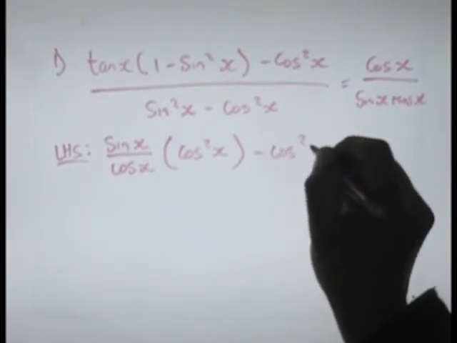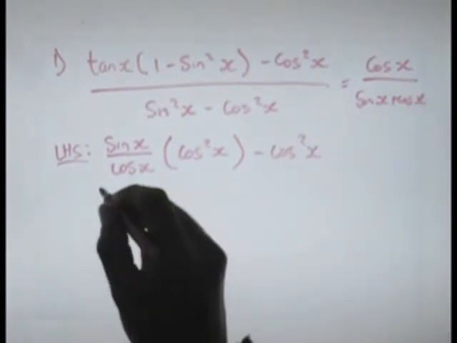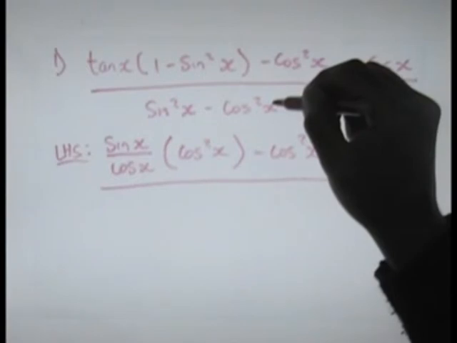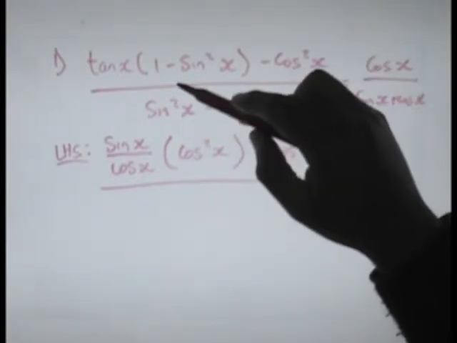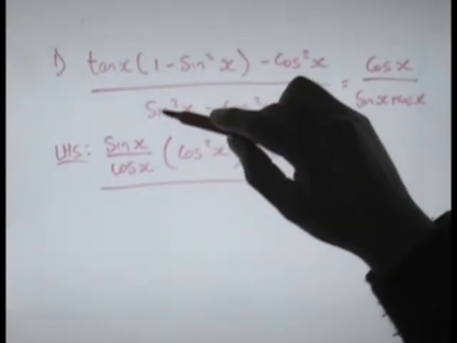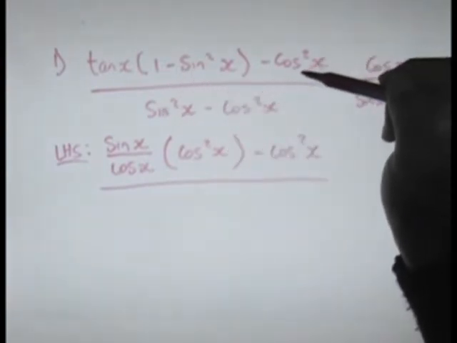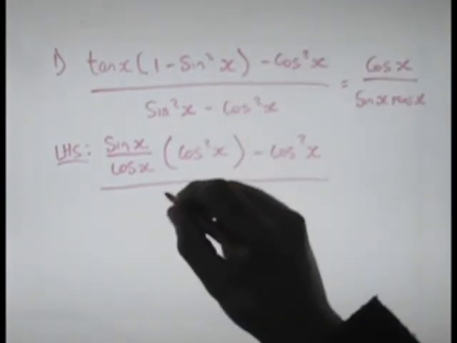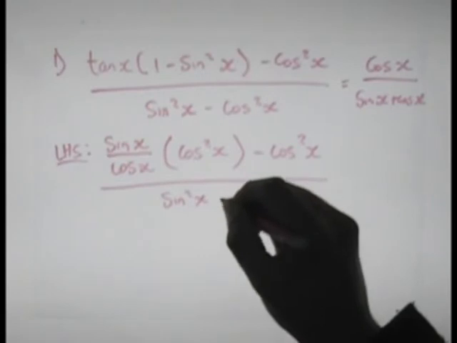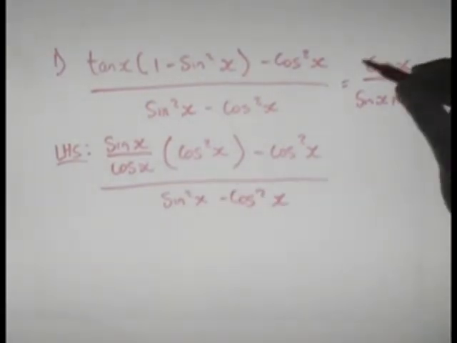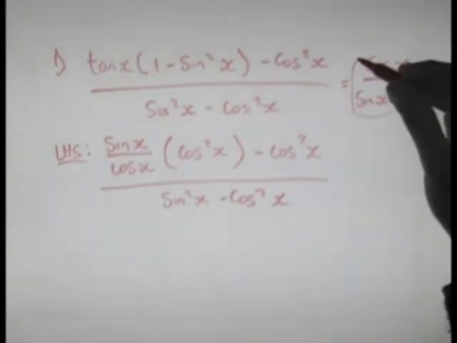Minus cos squared x, divided by sine squared x minus cos squared x. This here, in fact, I think this one here I'm going to leave as is for now, as sine squared x minus cos squared x. We'll come to that a little bit later on, remembering what our right hand side looks like.